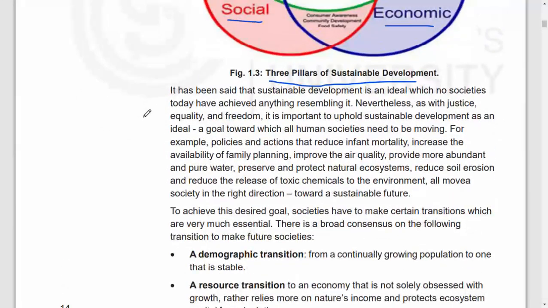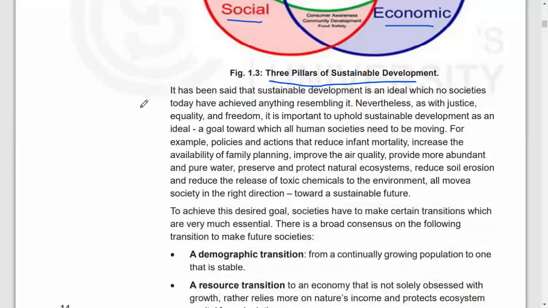It has been said that sustainable development is an ideal which no society today has achieved, or anything resembling it. Nevertheless, as with justice, equity, and freedom, it is important to uphold sustainable development as an ideal, a goal toward which all human societies need to be moving.